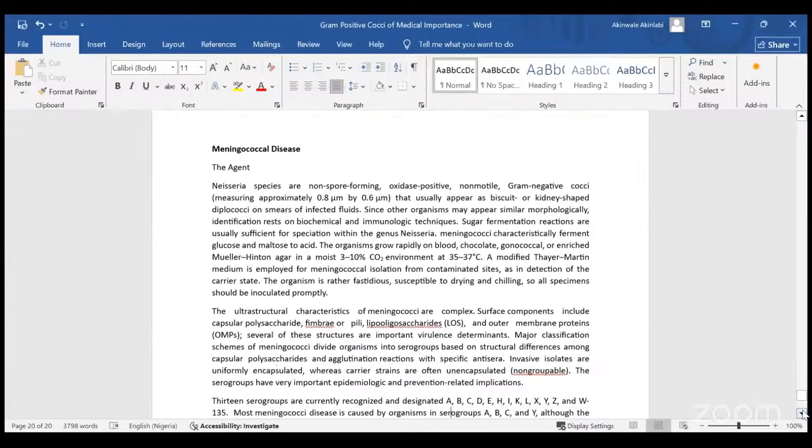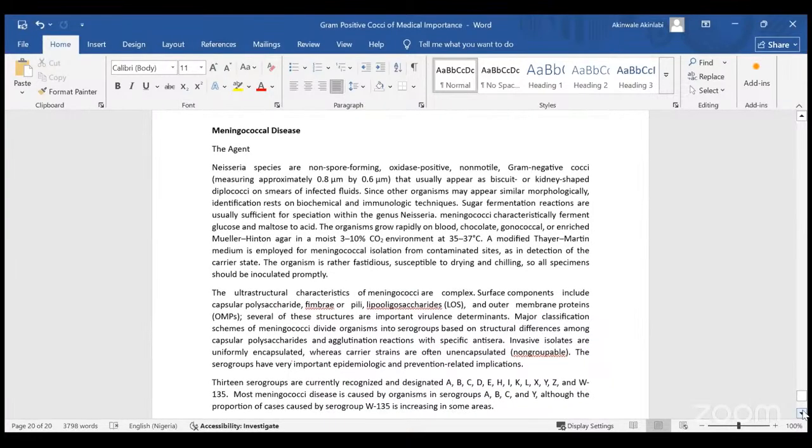Then the characteristics of meningococci: they are complex. They have surface components which include the capsular polysaccharide, the fimbriae, the pili, lipo-oligosaccharide, which is called LOS, and outer membrane proteins, which is OMP.